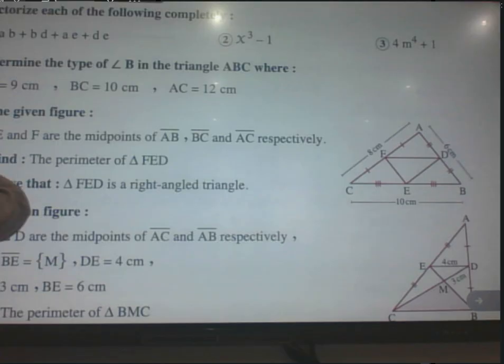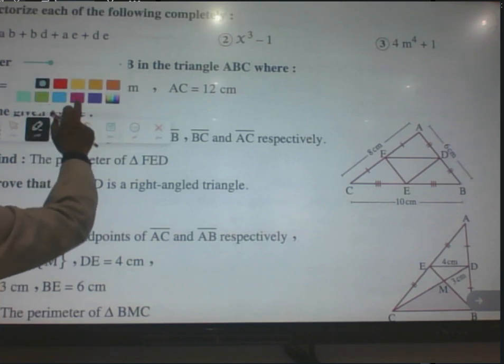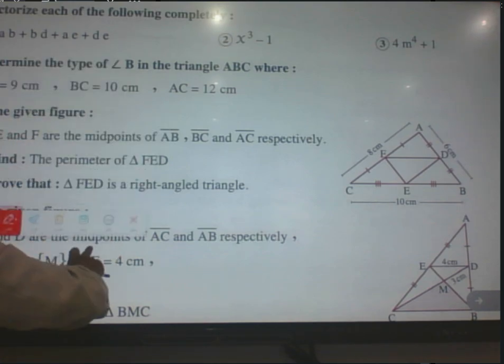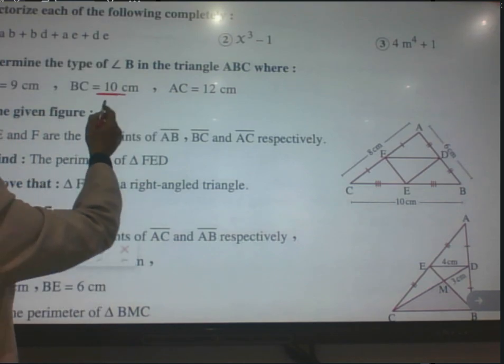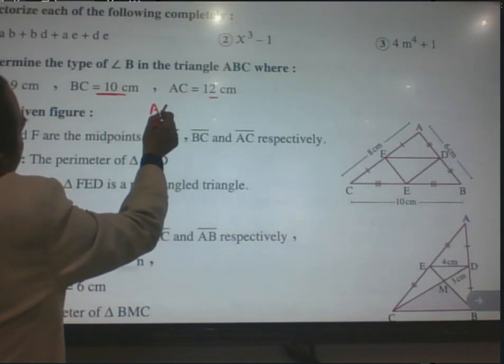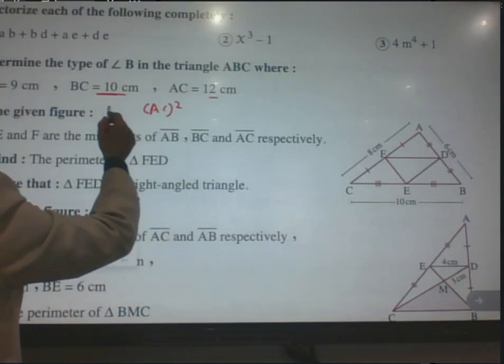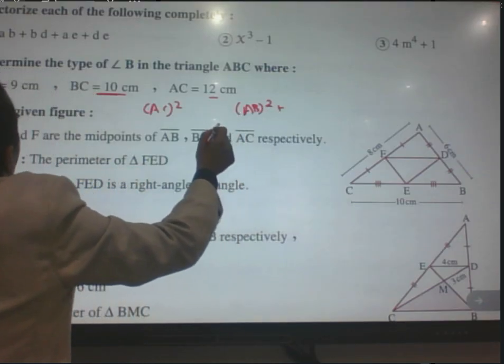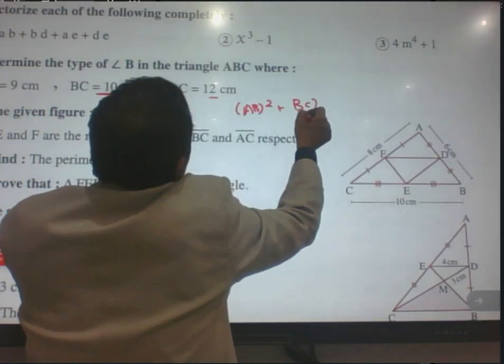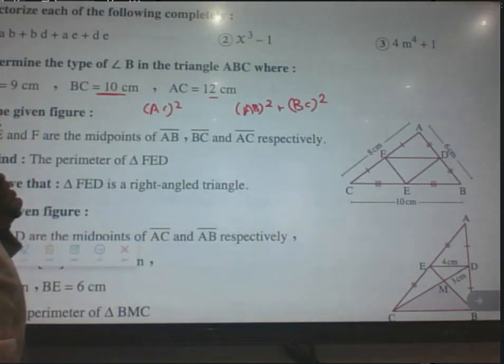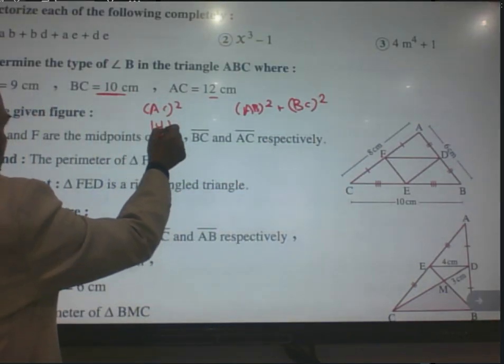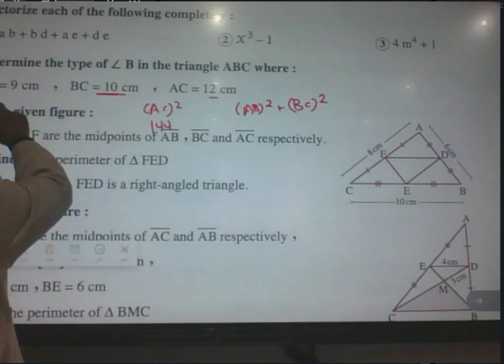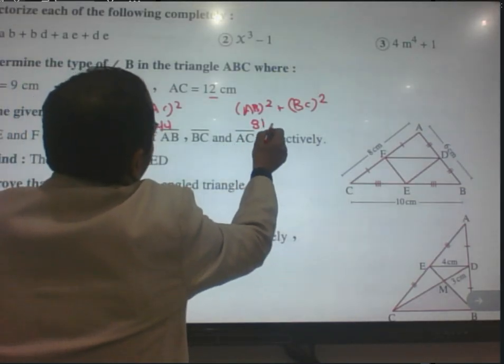Determine the type of angle. You want to determine the angle here. How is this triangle? First step to know the type of this triangle, first you can write the long side. The long side here was 12. Okay, AC power 2. Comparing between AC power 2 and AB power 2 plus BC power 2. AC power 2, 12 power 2, it will be 144. And AB power 2, 9 times 9 equal 81.